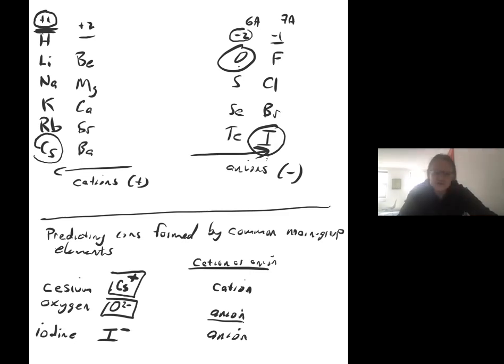What gets more interesting is when we start looking at compounds of ions. So right now, all I've done is go through the basics of what ions are and how we write the symbols. But when we get to the next topic, which we'll do next time, we're going to talk about ionic compounds. And that's where it gets interesting.